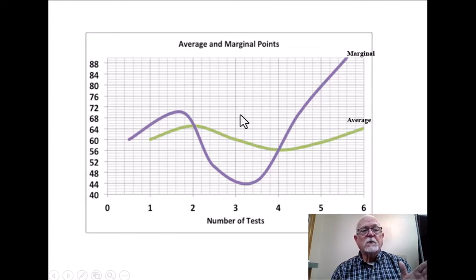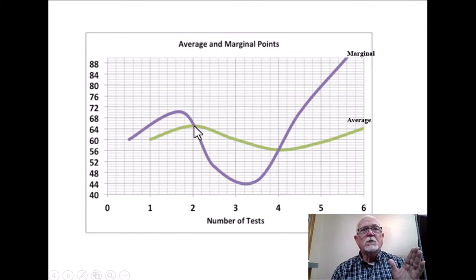Furthermore, notice something else going to be very important for you. At the point of intersection where marginal equals average, that average value is going to either be at a local maximum, in other words, the highest point in that area, or the lowest point.